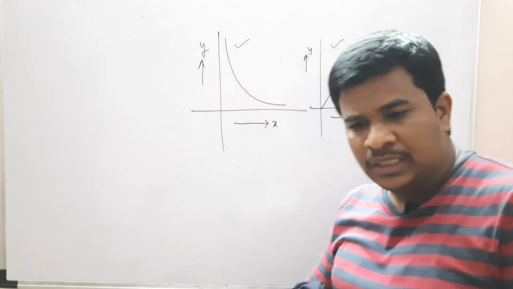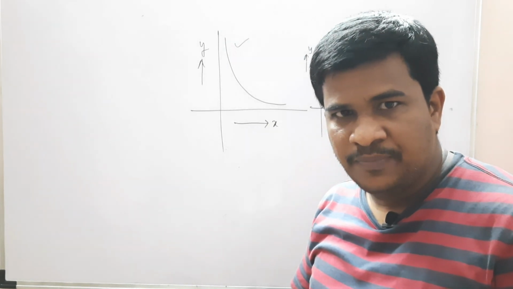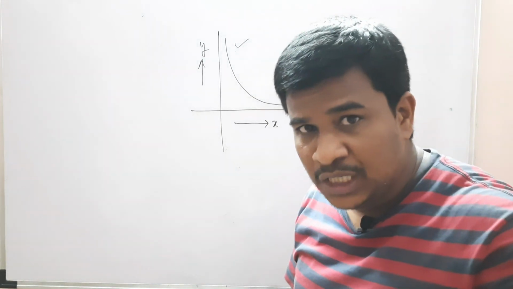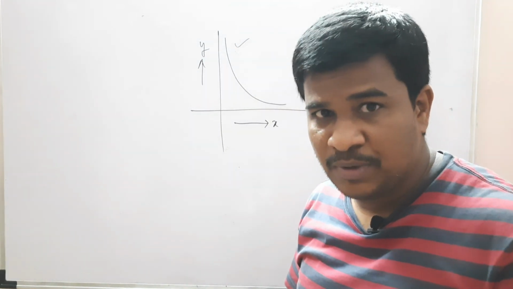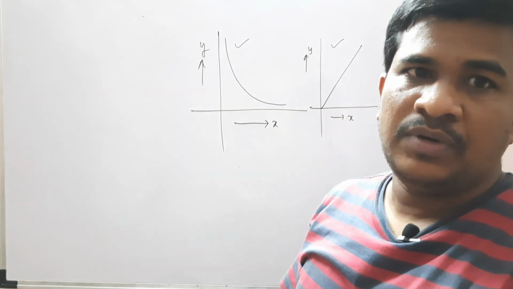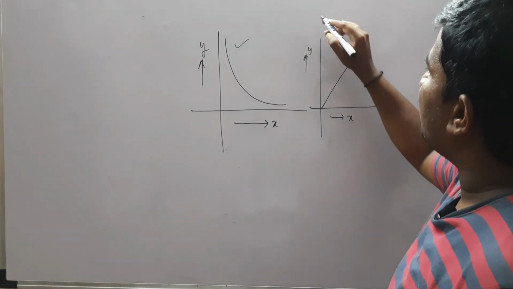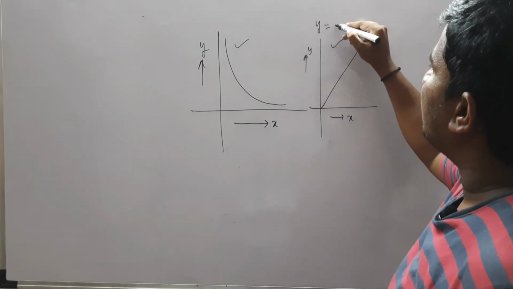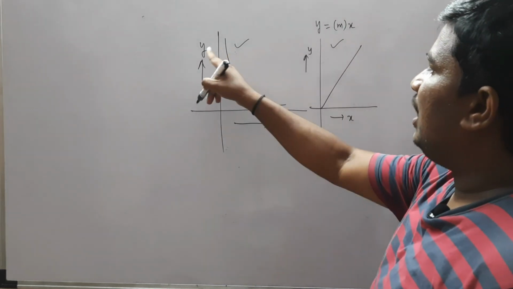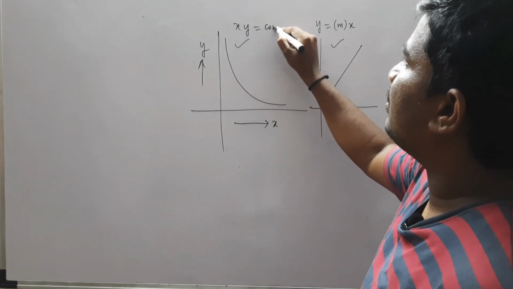The moment you come to know that two quantities are inversely proportional to each other, you should recall this graph. The moment you know the two quantities are directly proportional to each other, you should be able to recall this graph. When two quantities are directly proportional, it will always be y equal to some constant into x form. When two quantities are inversely proportional, the equation will be xy equal to some constant form.